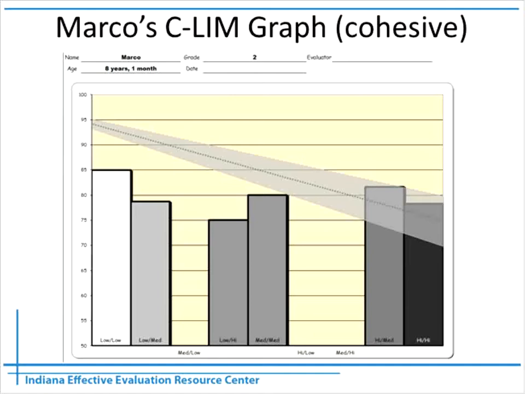And what their expected pattern of decline would be across the subtests given to him, from those on the far left-hand side, where it says low, low, or low language, low culture, to those on the far right-hand side where it says high, high, which is high cultural loading, high linguistic demand.